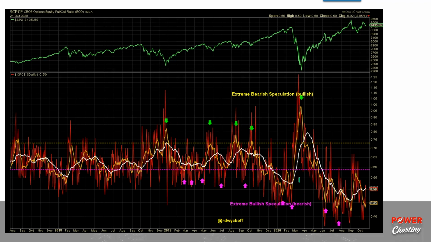Notice January, February, these were historic extremes. So with that, I think we must recognize that there is a lot of bullish speculation in the markets at this time, generally not a backdrop for a long sustained rising trend in the markets.